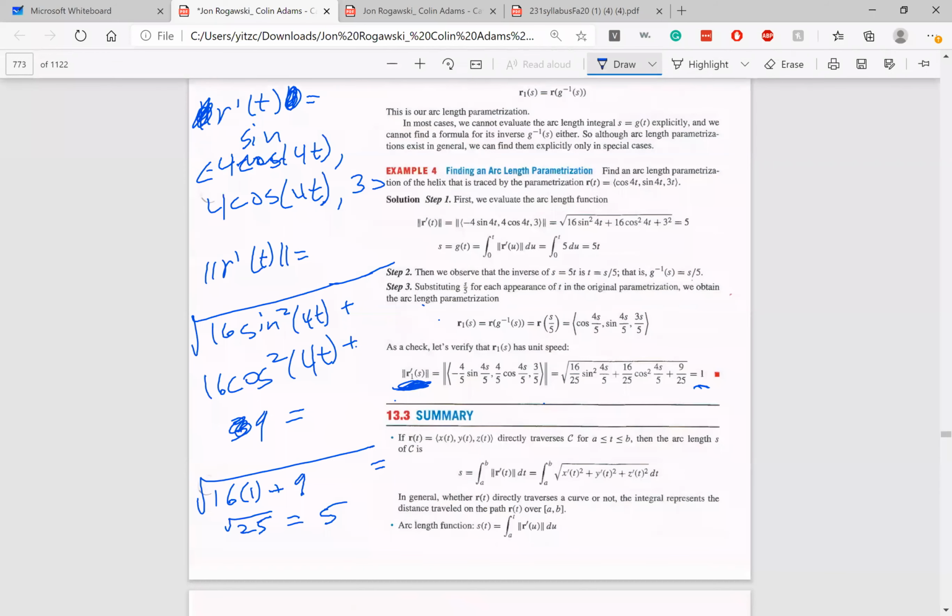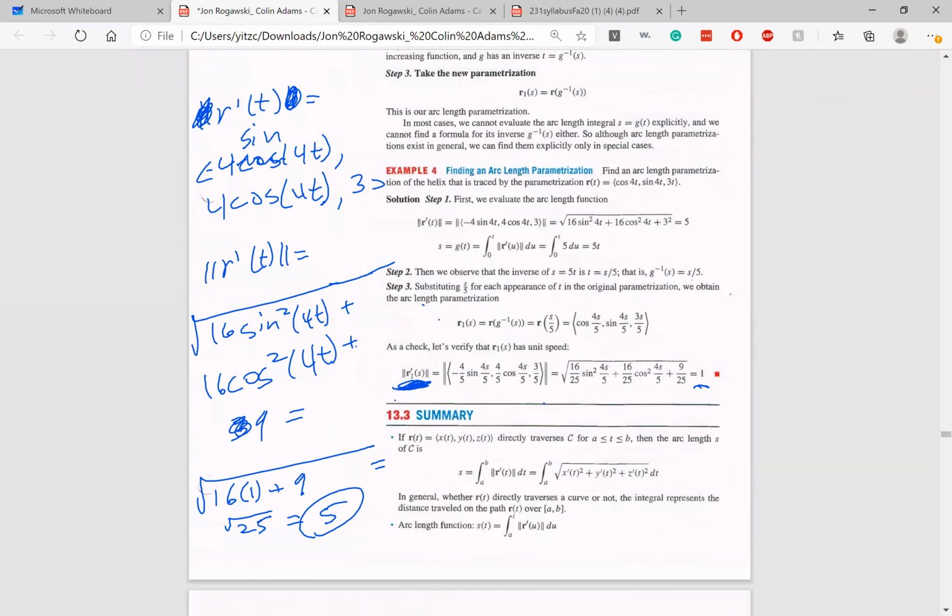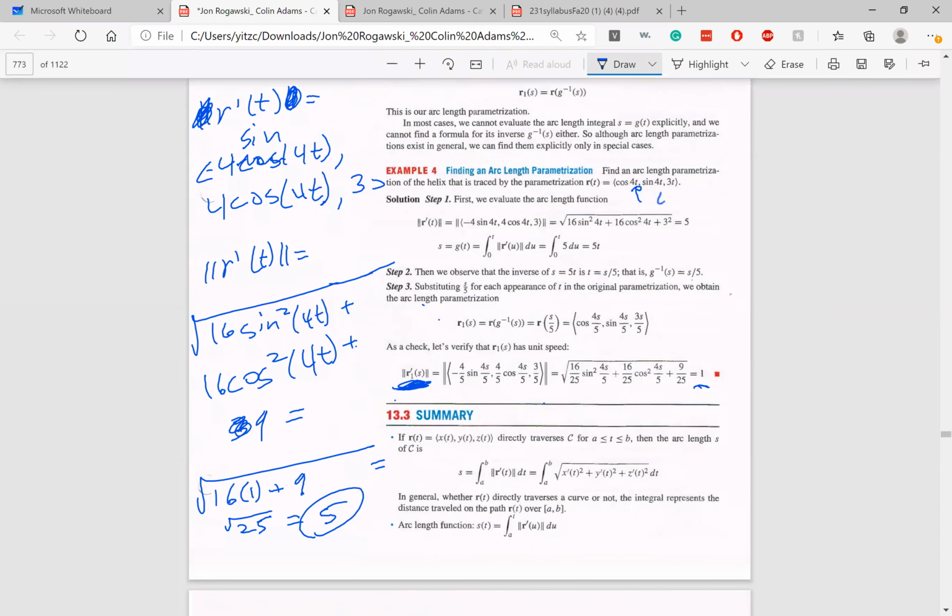It's pretty simple. Every time we see the t over here, we can just take t is equal to, let's say, s over 5. And that's a reparameterization of the problem.